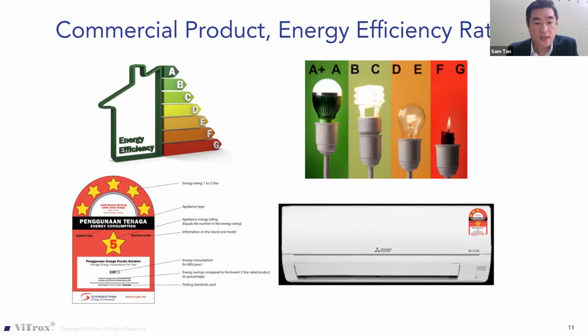You can also find another type of energy efficiency label when you buy an air conditioner. It tells you how much energy you will use for the product, with the efficiency compared with the 3-star product.